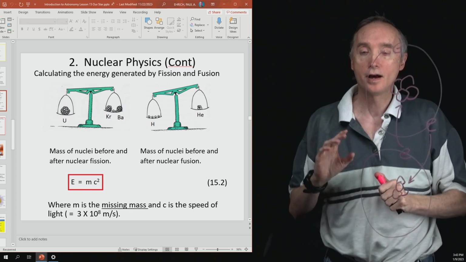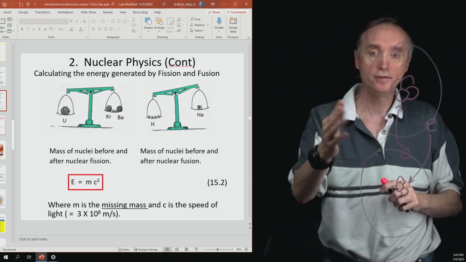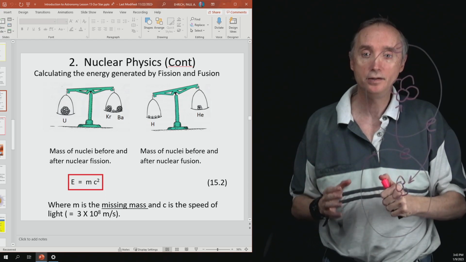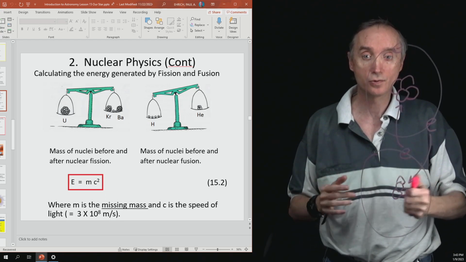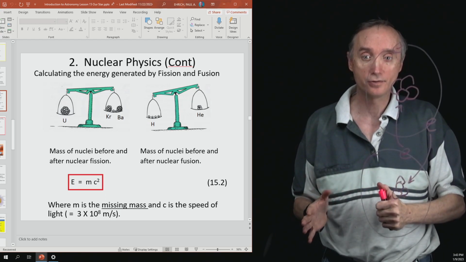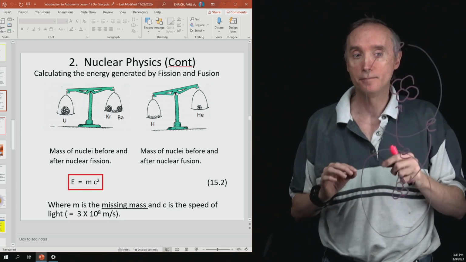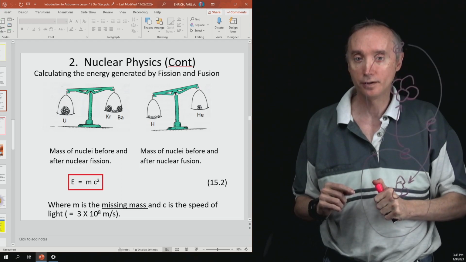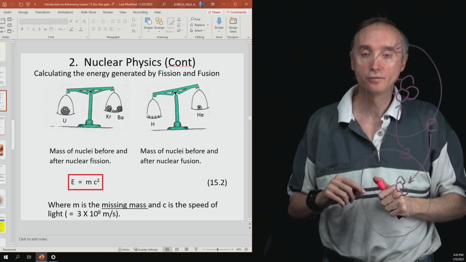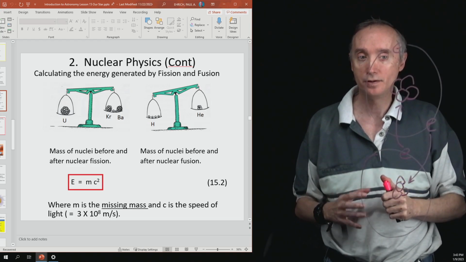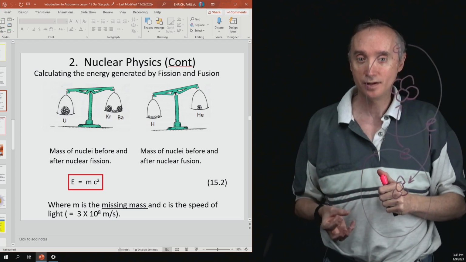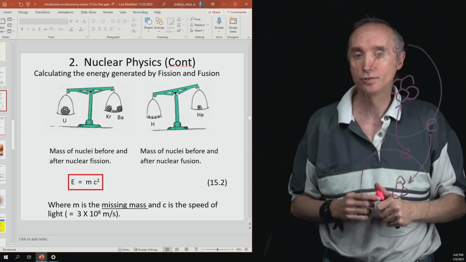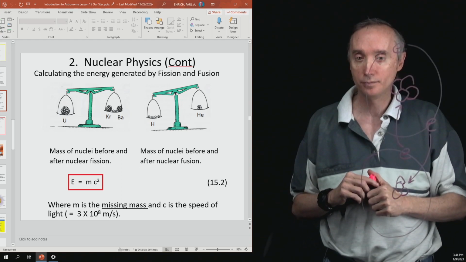And so Albert Einstein came up with this very famous formula that says E equals mc squared. E for energy equals the missing mass, that's the m in the formula. And then if you recall from Unit 1, we talked about the speed of light. So that's the letter c, and that's equal to 3 times 10 to the 8th meters per second.